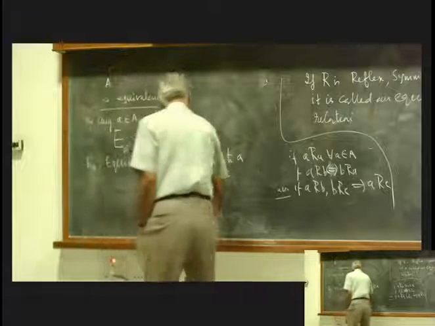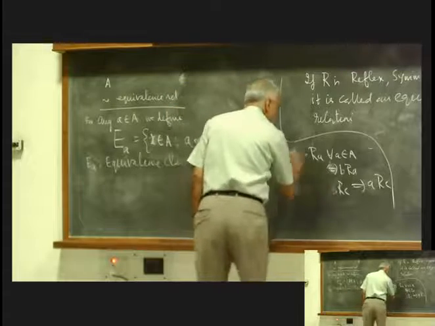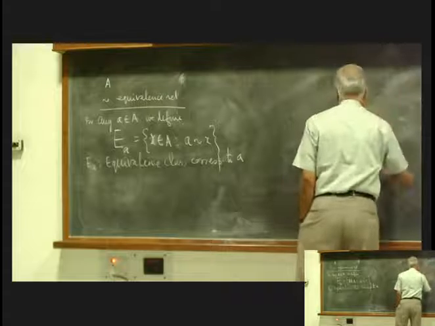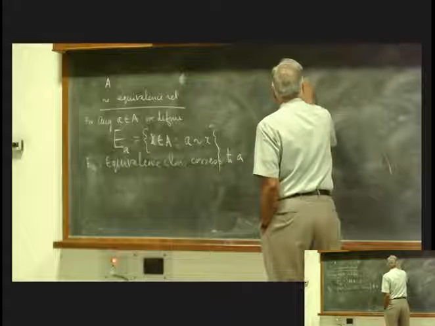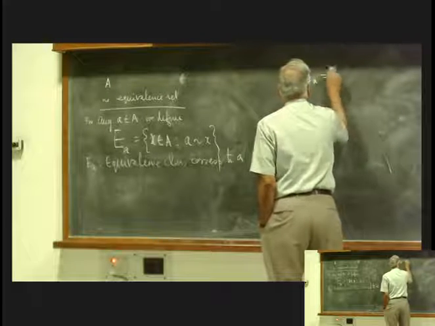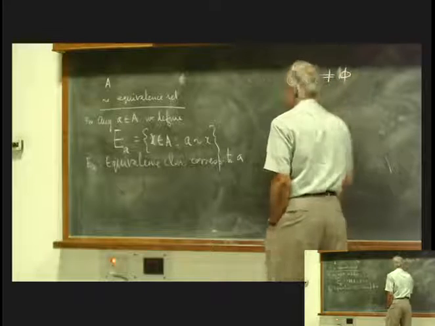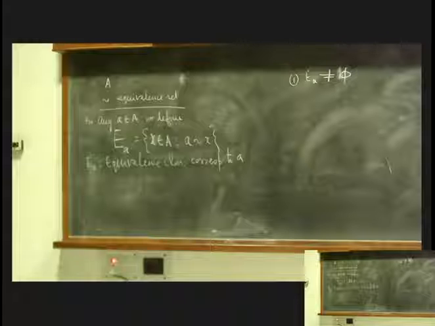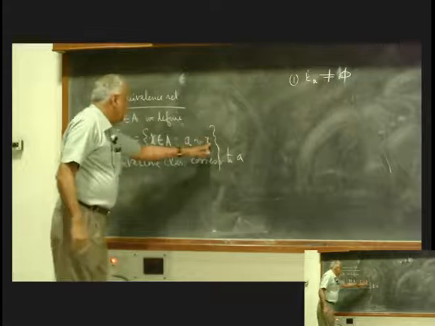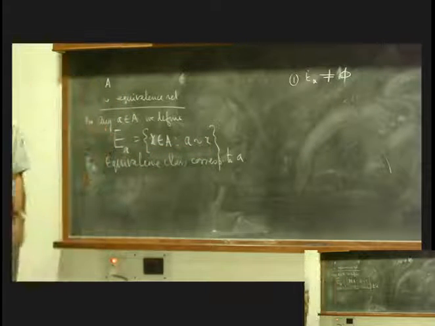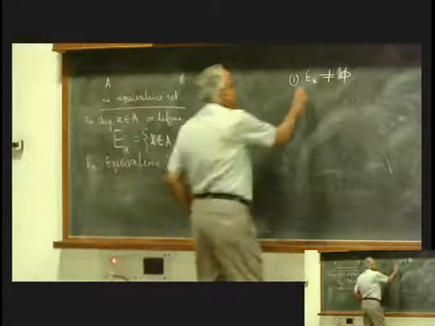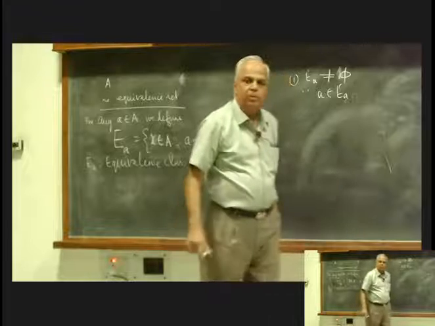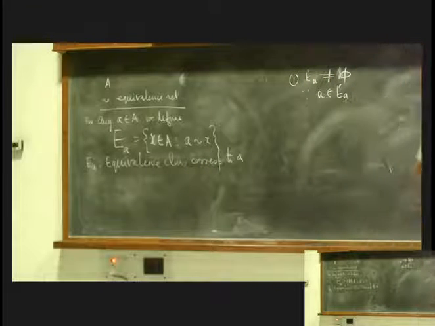Now you take this equivalence class; one thing is guaranteed: E_a is non-empty. Why? Because a is related to a, so a belongs to E_a. So every one of these equivalence classes is non-empty.